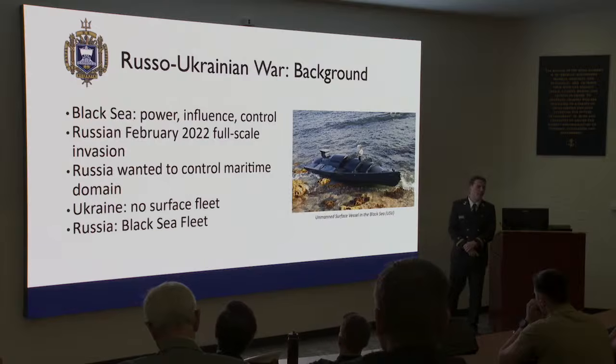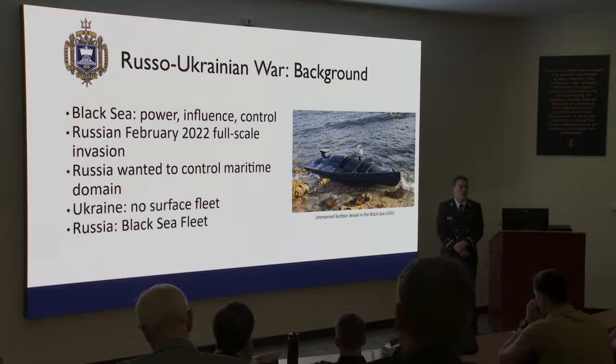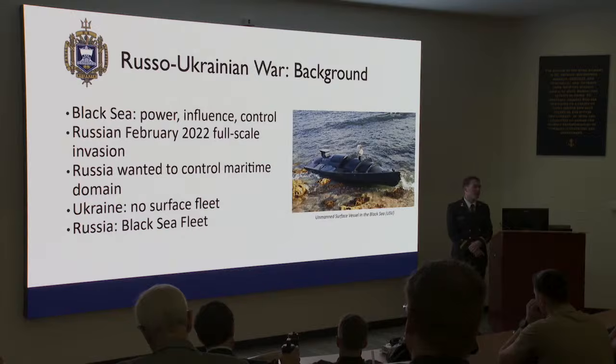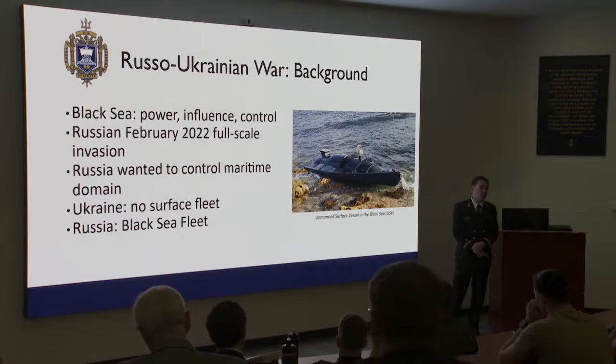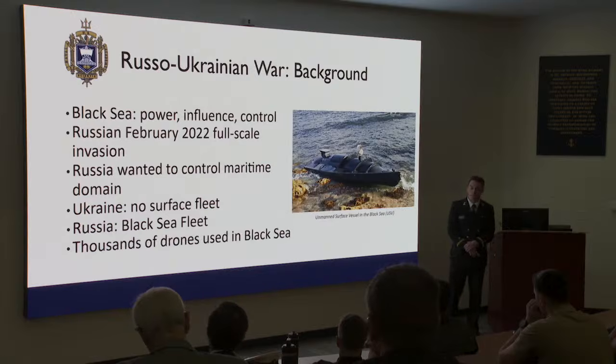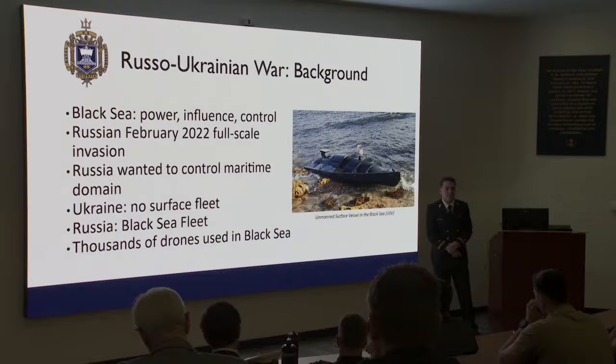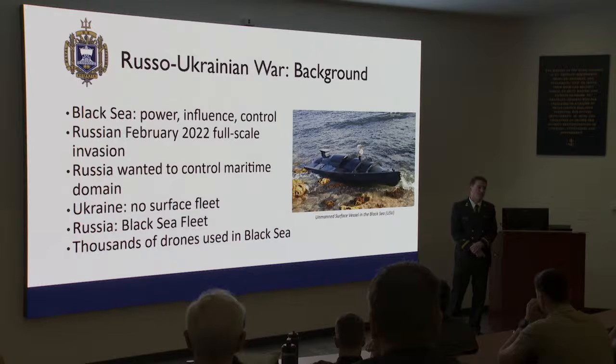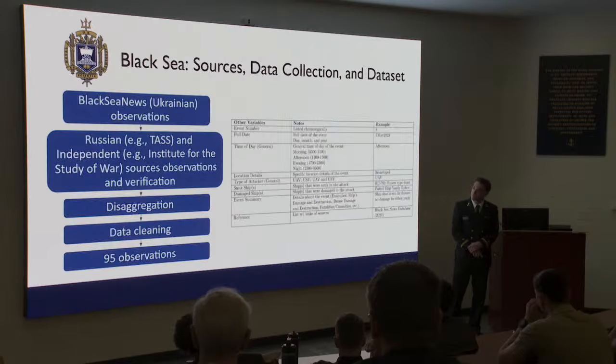And at the beginning of this conflict, Ukraine had almost no surface fleet within the Black Sea, while Russia had a surface fleet dedicated solely to the Black Sea Fleet. So because of this difference in fleets within the Black Sea, Ukraine had to turn to an alternative method to combat the Russians, and this included launching thousands of drones to combat the Russians.